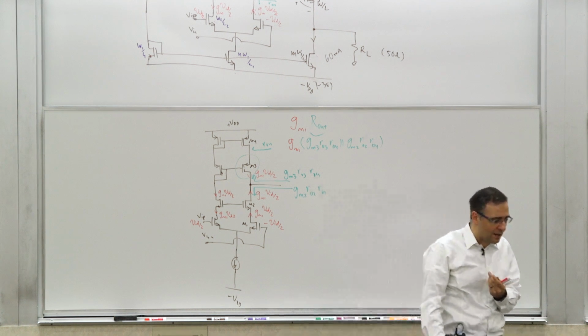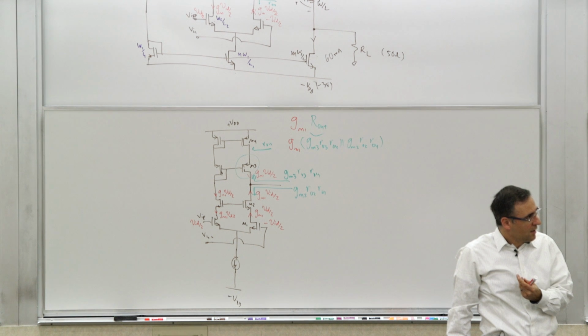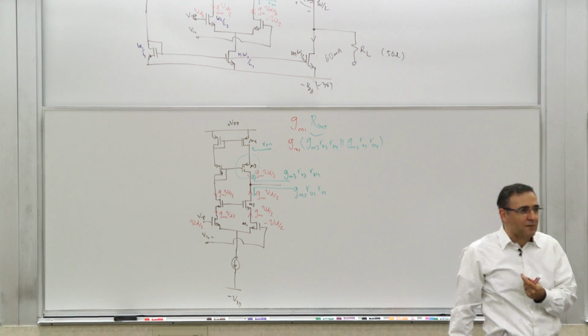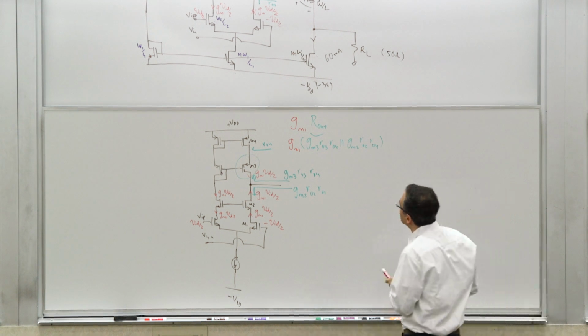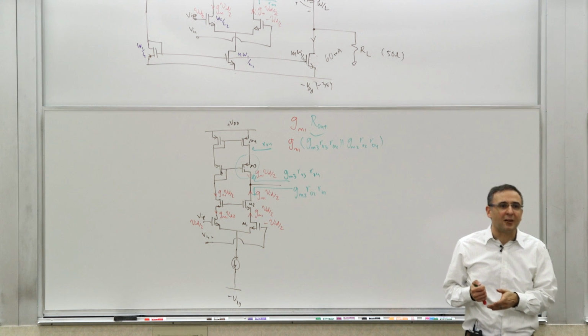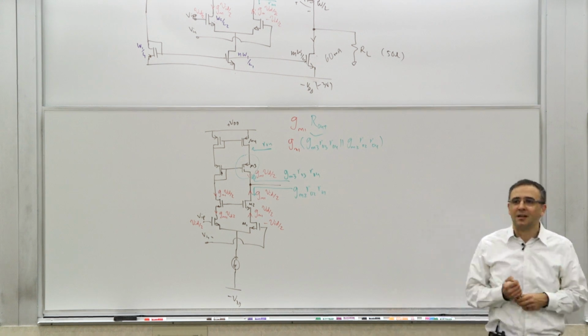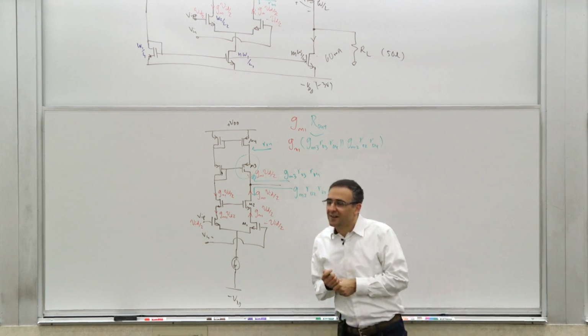It's like 5,000, right? It's a gain of 5,000, roughly. So it's fine. You went from 50 to 5,000, which is okay, which is good, which is a good improvement.